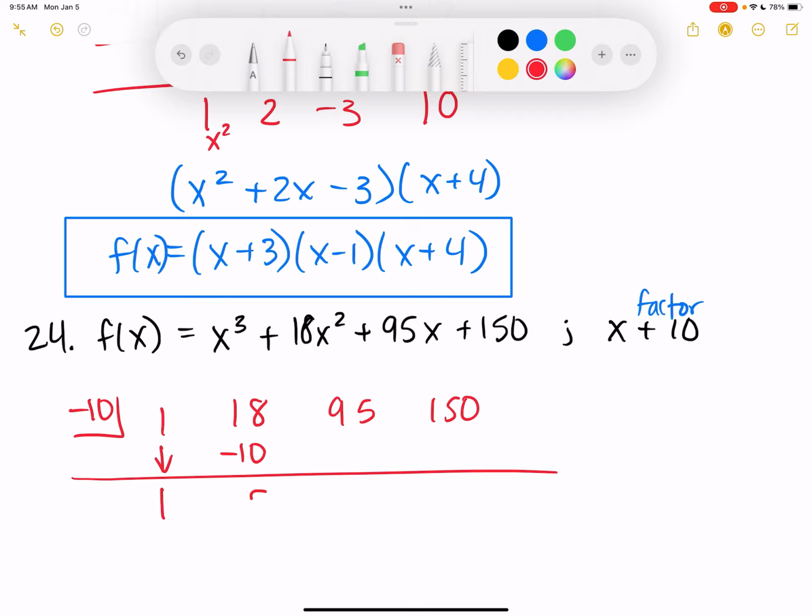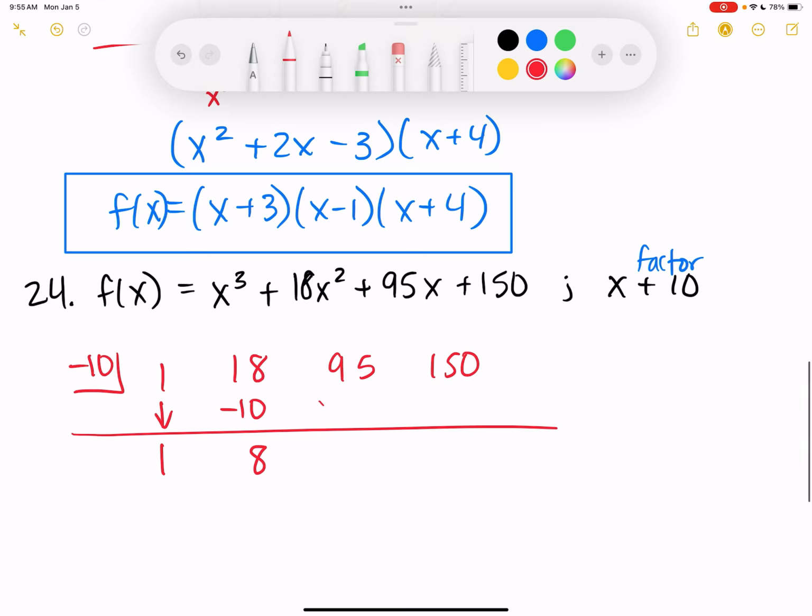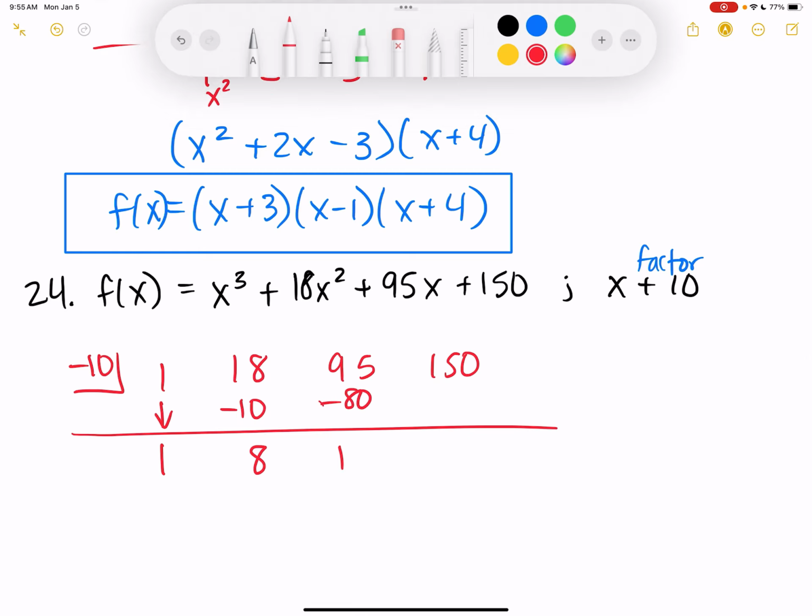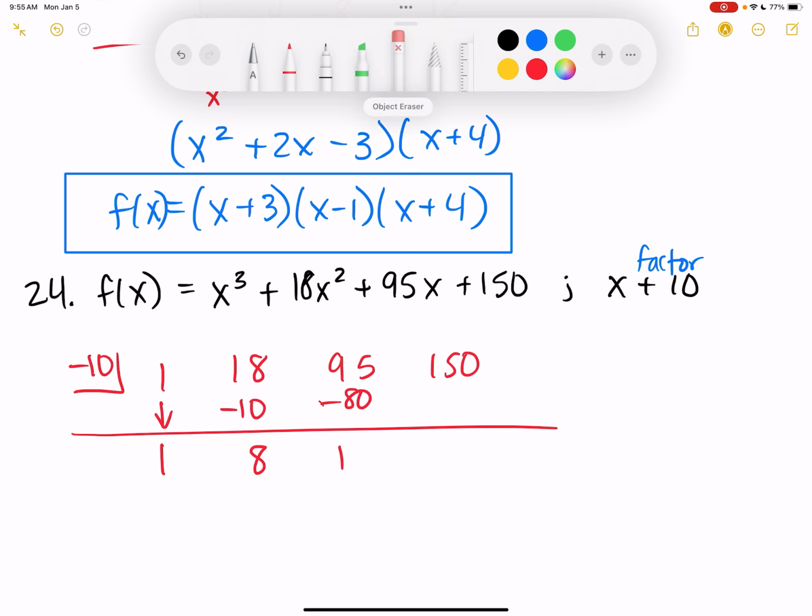Plus 18 is +8. Yay. Times -10 is -80. Plus 95 is 15. Times -10 is -150, plus 150 is 0. So I've confirmed that that's a factor.